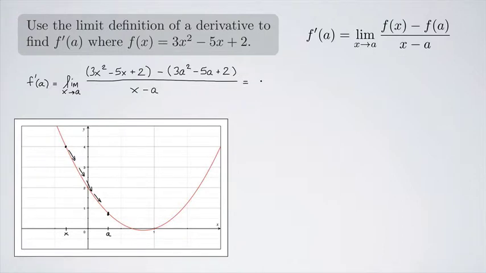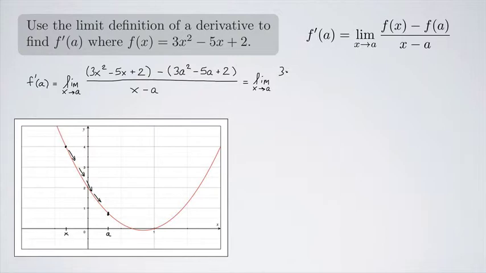I have to keep writing the limit out front until the point where I actually take the limit. So I'm going to keep writing limit as x approaches a. Now, what can we do here? I have a plus 2 here, and that's going to end up being a minus 2, so those cancel.